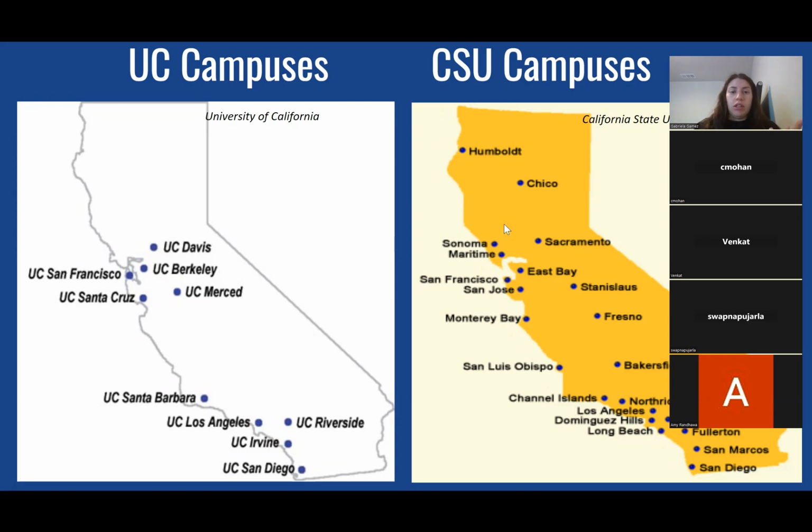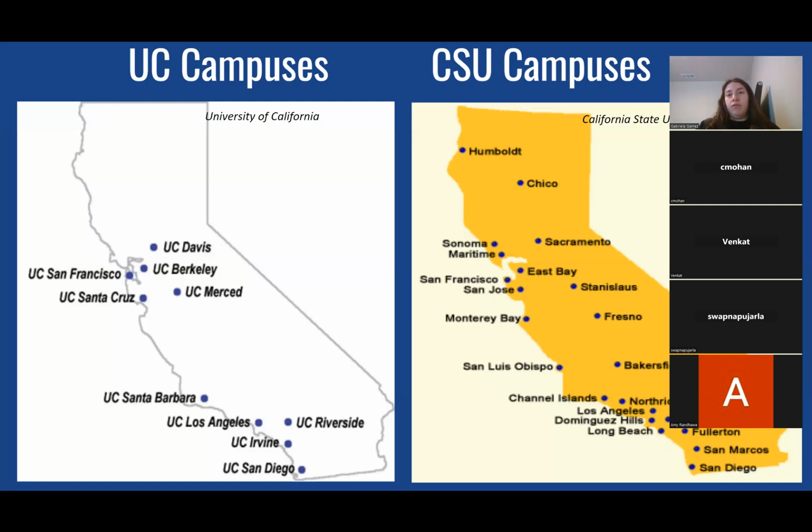But just for the sake of California schools right now, UC campuses are here on the left, so you can see how those spread across California. There's less UC campuses than there are CSU campuses, and you can see the CSU campuses here on the right.